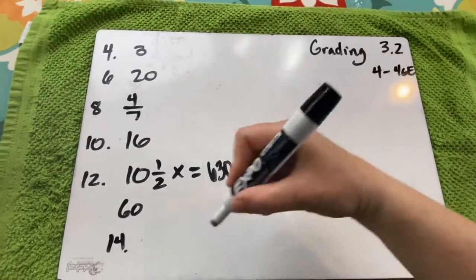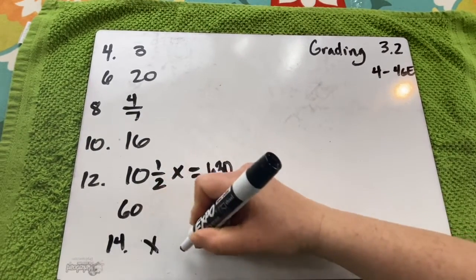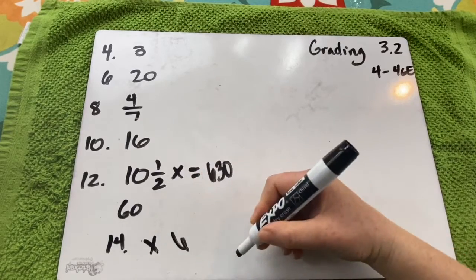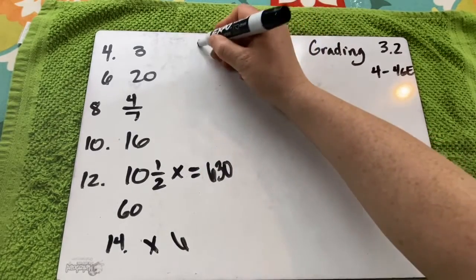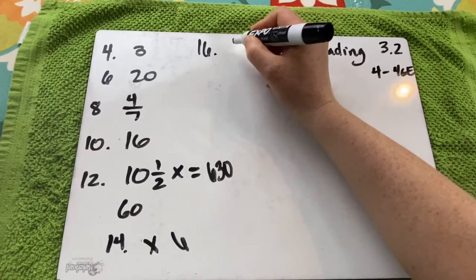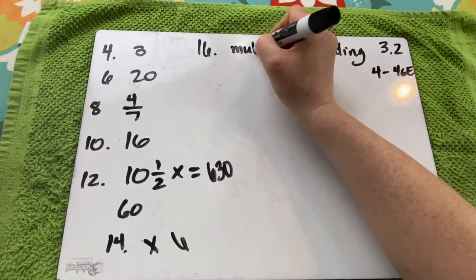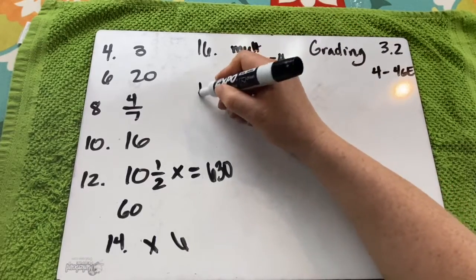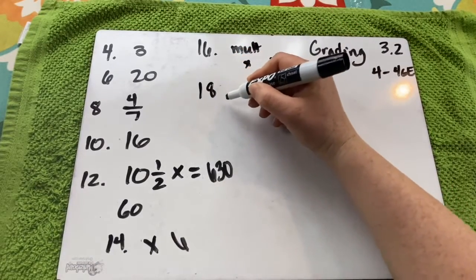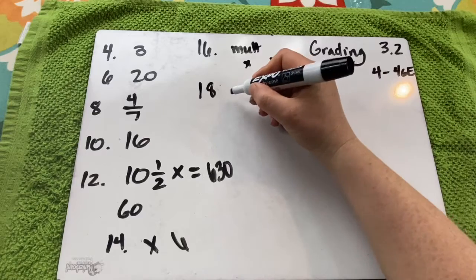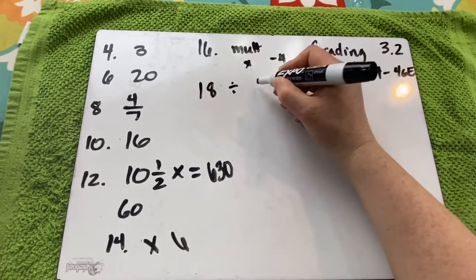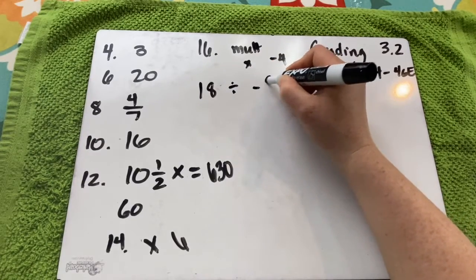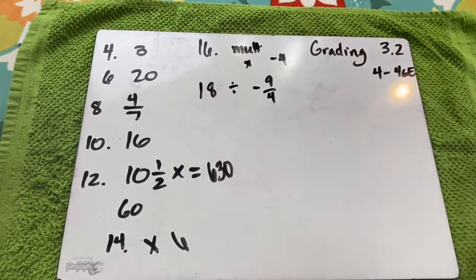The opposite is multiply by 6. 16. The opposite is multiply by -4. 18. We should divide by -9/4.